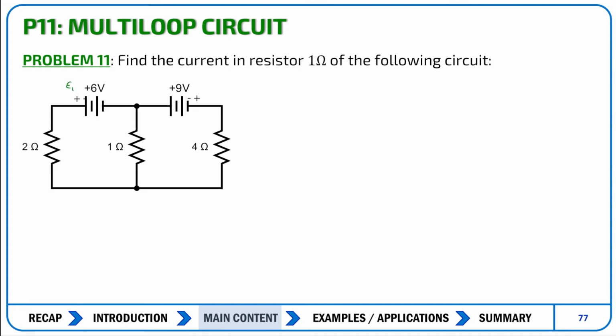We're going to call this epsilon 1, and this is going to be epsilon 2. We call this R1, R2, and then R3.